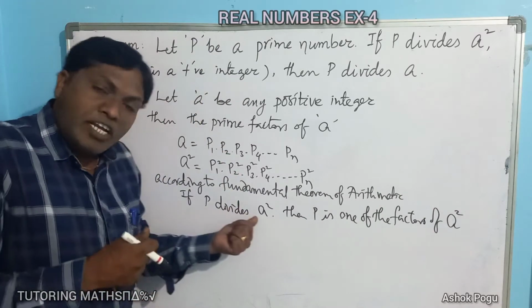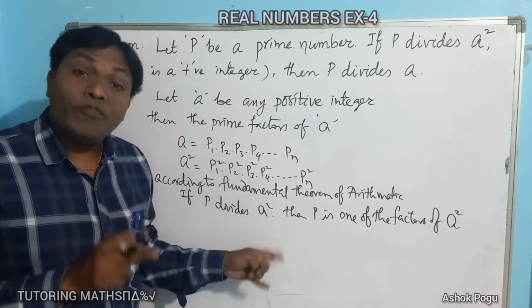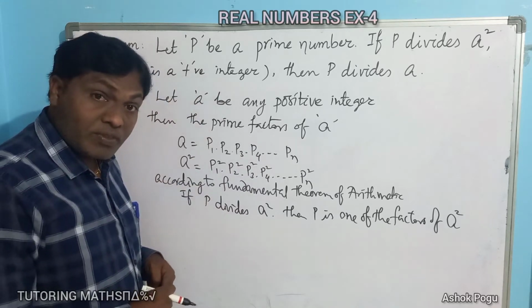Why? Because p divides a square means p is a factor of a square.